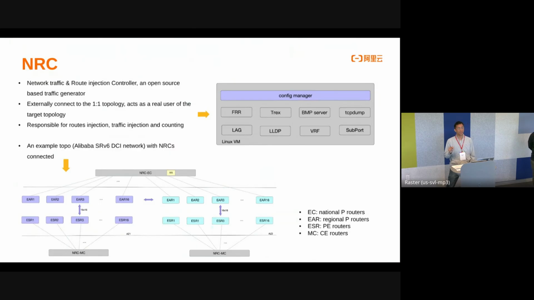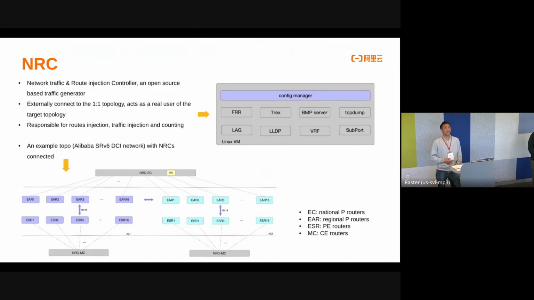For example, it uses FRR to establish BGP sessions and inject routes into the virtual device, and it uses T-Rex to send packets to the virtual device. Usually the NRC connects externally to the one-to-one topology, and it acts as a real user of the topology.